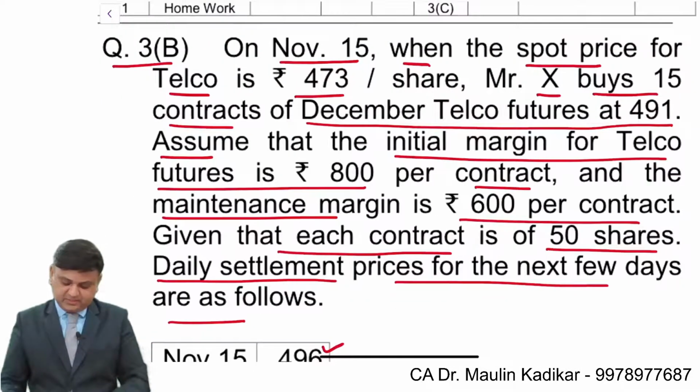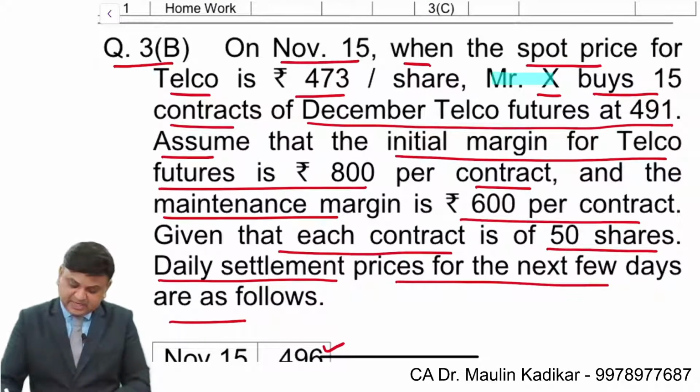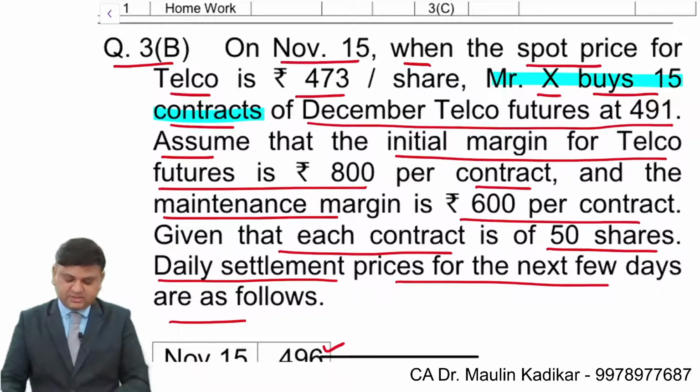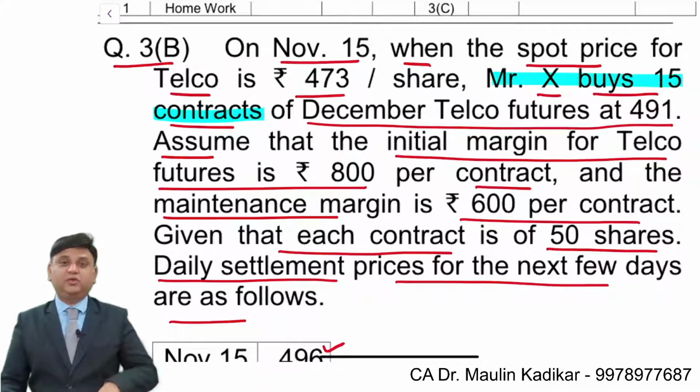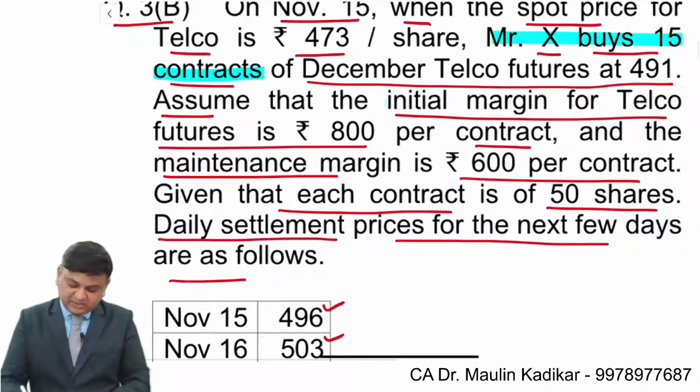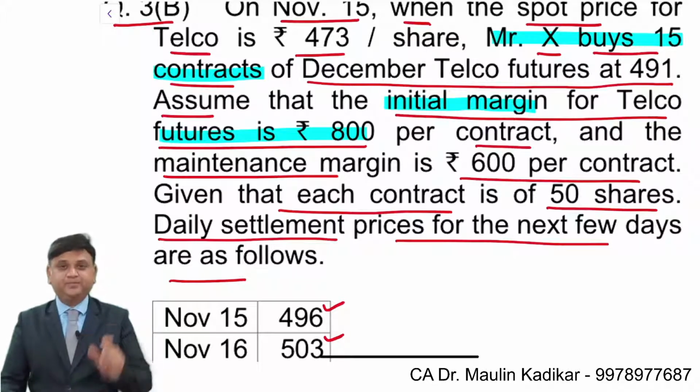You can see that it has been provided to us that Mr. X purchases 15 contracts. So you are entering into 15 number of contracts. The margin per contract, 800 rupees, into the number of contracts, 15, is 12,000.